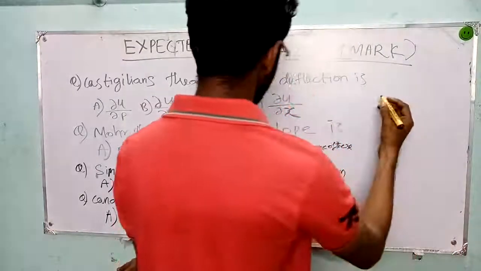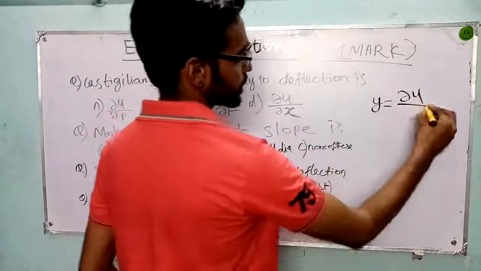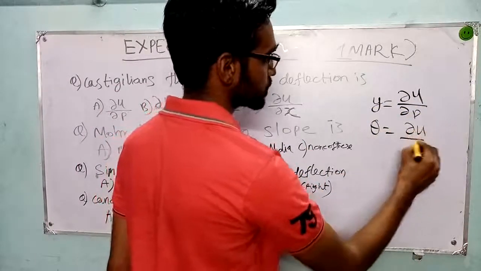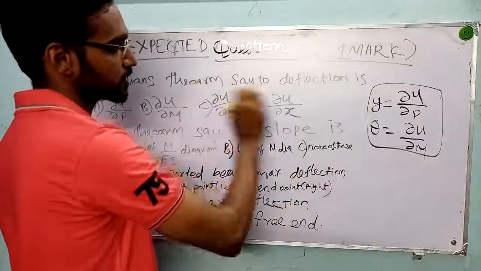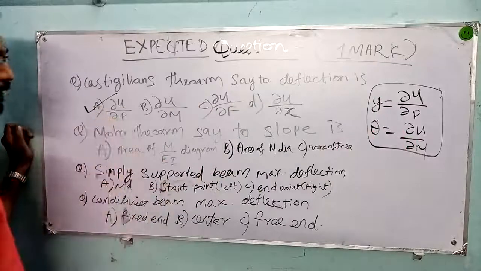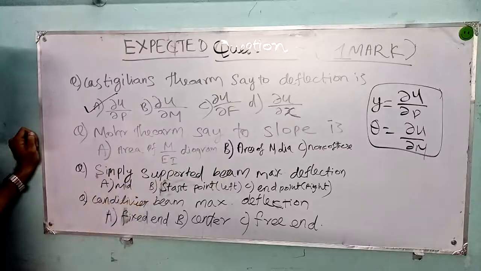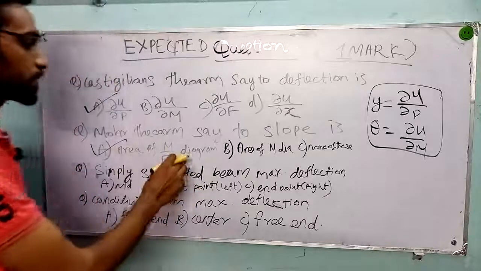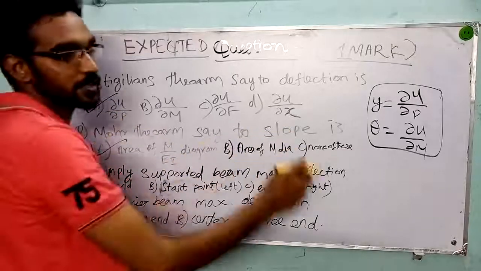One is deflection equals dou U by dou P. Another is slope equals dou U by dou M. That is the standard Castigliano theorem, so in the given options, deflection is dou U by dou P. Next, Mohr's theorem says slope is the area of the M by EI diagram. If asked for deflection, it is the moment of the area of the moment diagram.